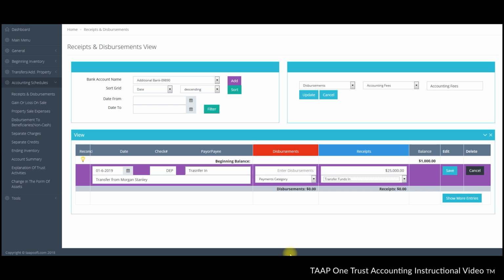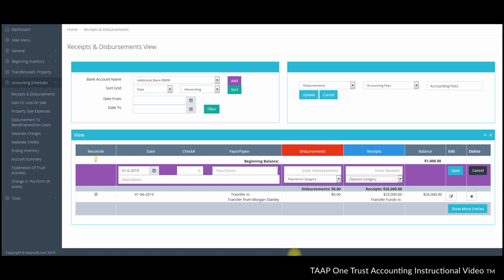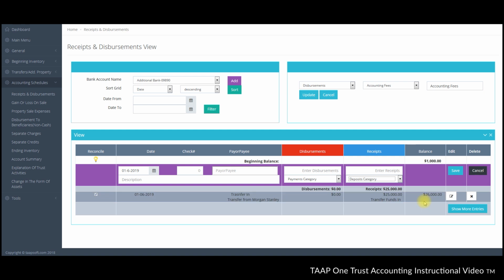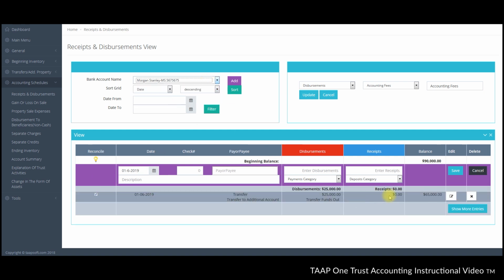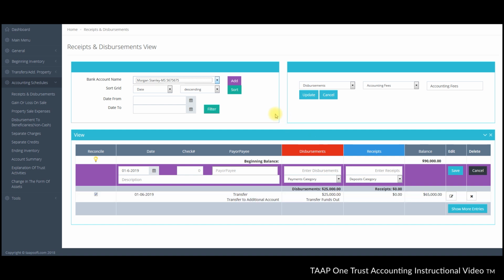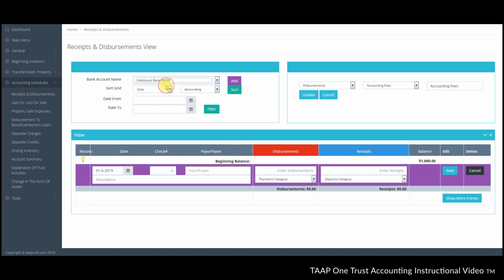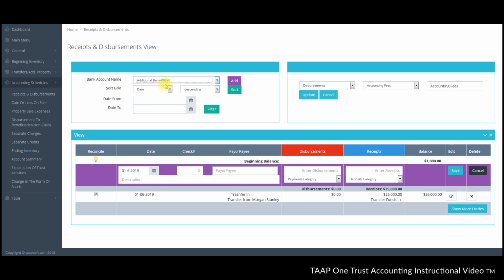Okay, and if I just type in TR, the transfer funds in will appear. Now, if we look at these two bank accounts, 26,000 here and 65,000 in Morgan Stanley, as you can see, we have the same amount of money. There's no increase or decrease. Okay, so now we're ready to do some business.